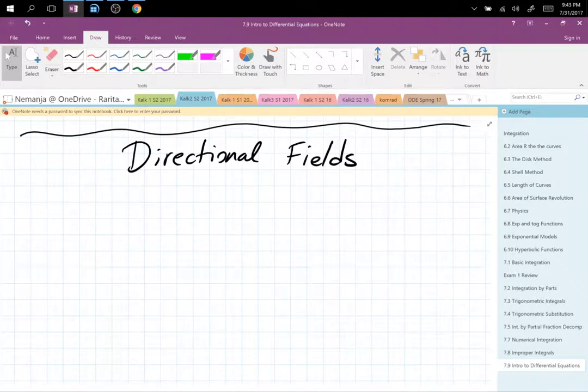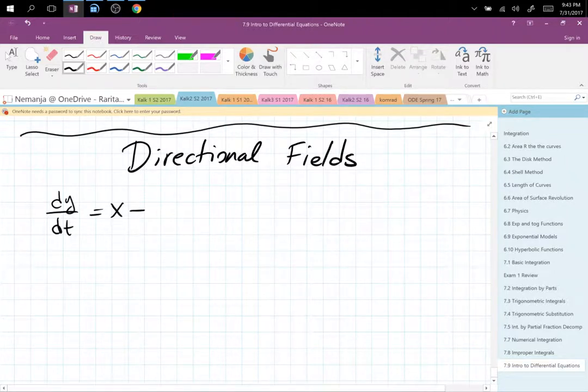So say dy/dt is equal to x plus y, say, I don't know, whatever.